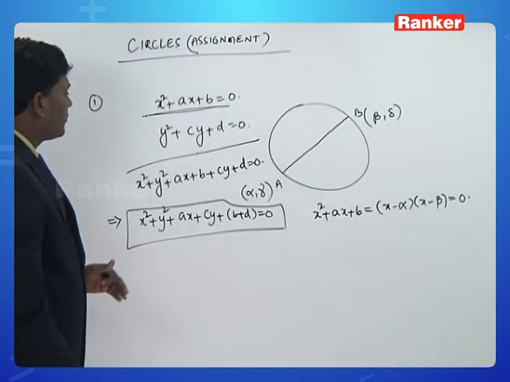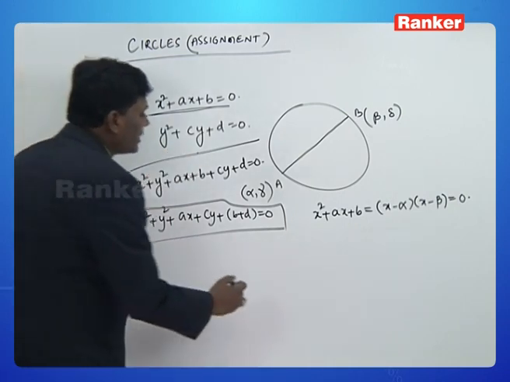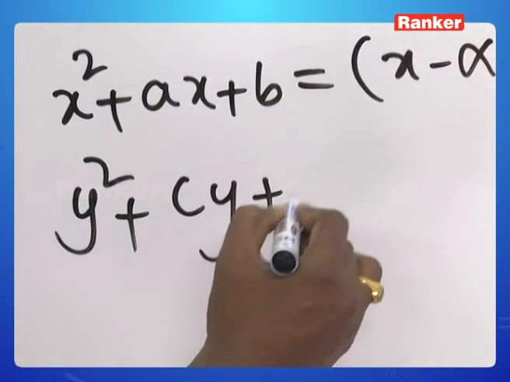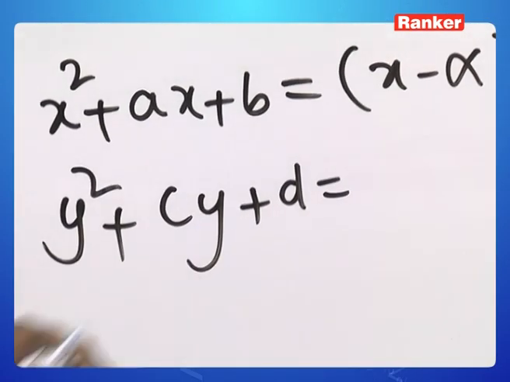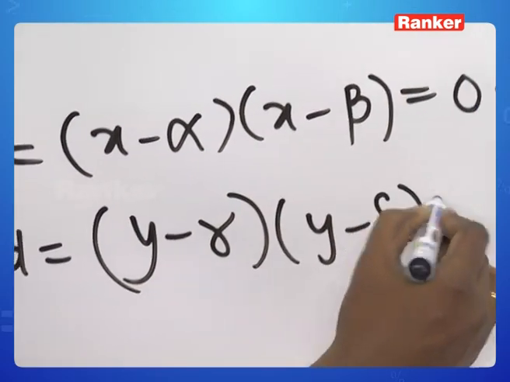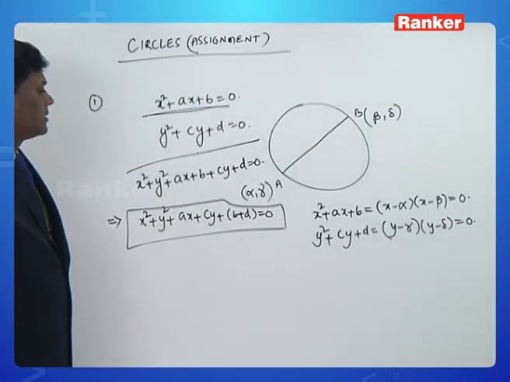In a very similar way, roots of the second equation are given as gamma comma delta. So this can be written as y square plus cy plus d equals to y minus gamma into y minus delta equals to 0.